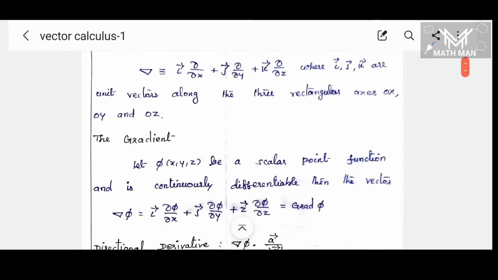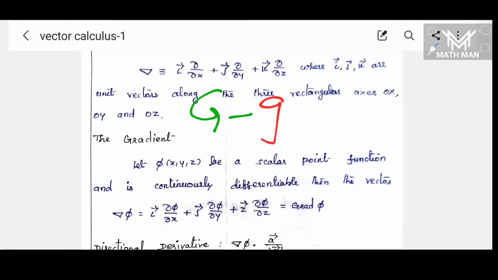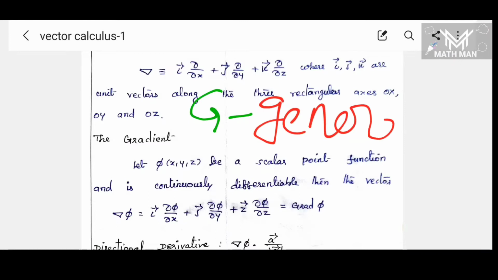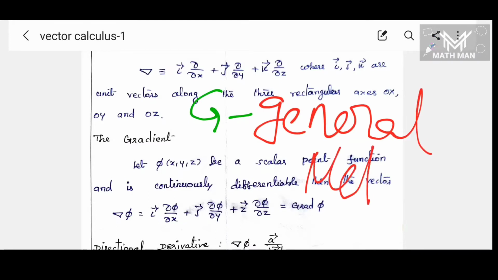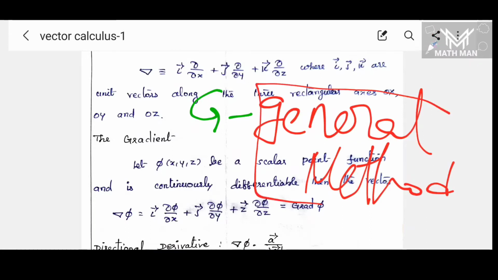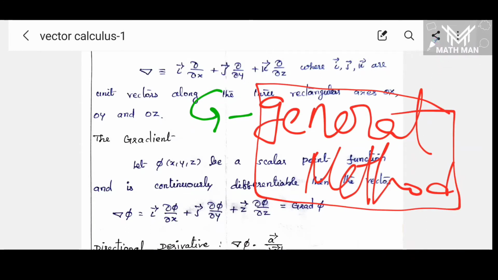Gradient. To remember, just remember that gradient is the general method which we use in vectors. In classes 10 and 12 we just substituted in it and got the answer.